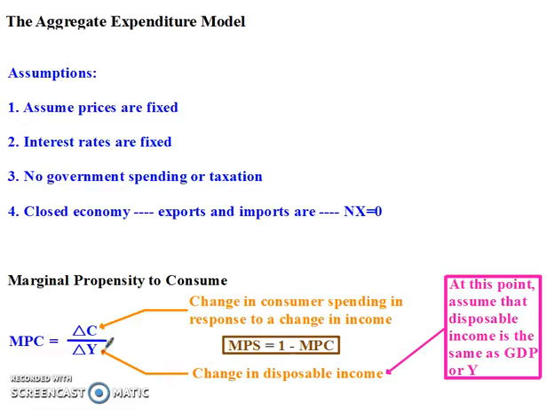In my example, if I earned one more dollar and spent 75 cents of it, my marginal propensity to consume was 0.75, and my marginal propensity to save is 0.25. I spend 75 cents and save the other 25 cents. Now, we're talking about this for me as an individual. What we really want to do is talk about the marginal propensity to consume for society as a whole, and we will do that in a future podcast.